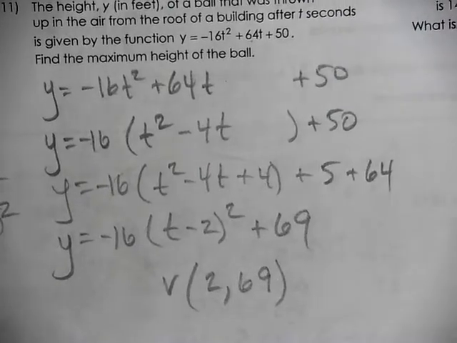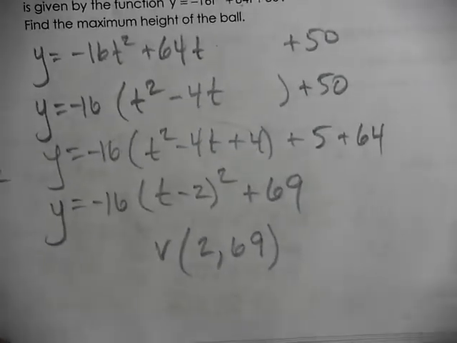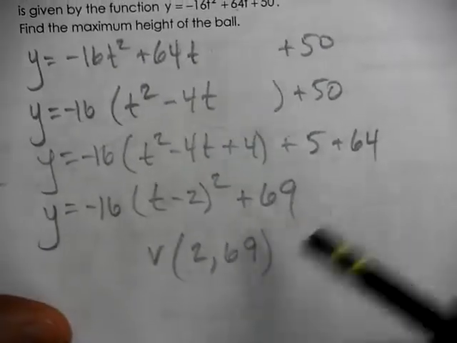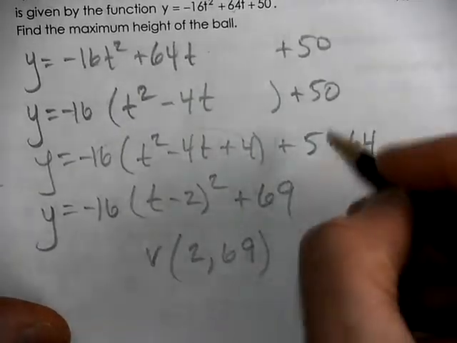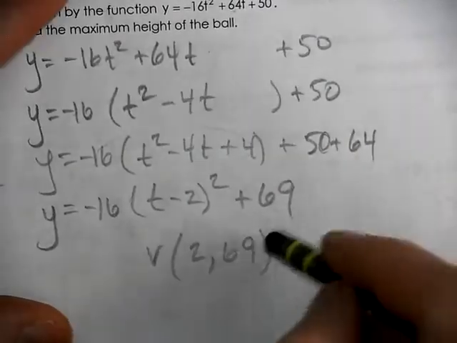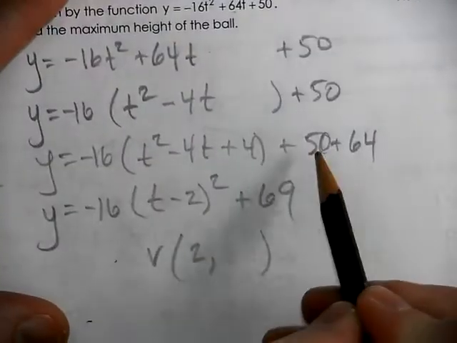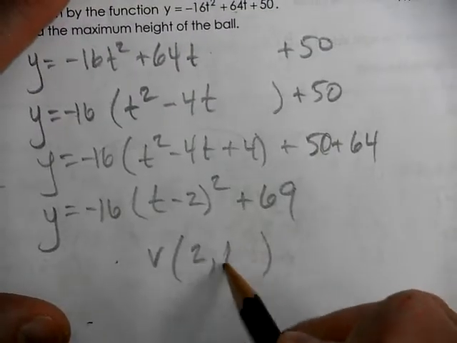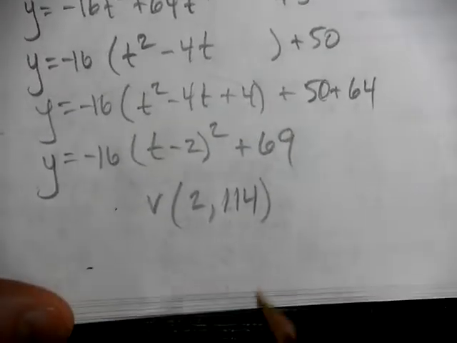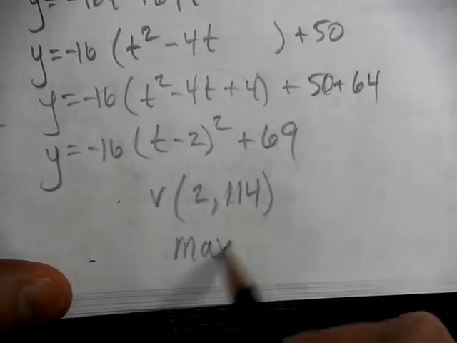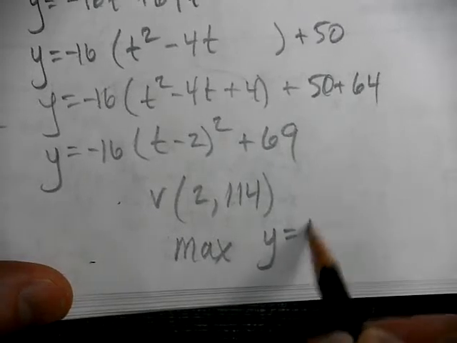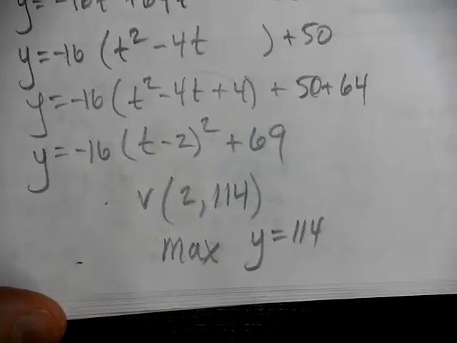And that should be our vertex. So our height, all right, sorry, this is not 5, this is actually 50. So that's 50 plus 64, which is 114. That seems better. So our maximum height is y equals 114.